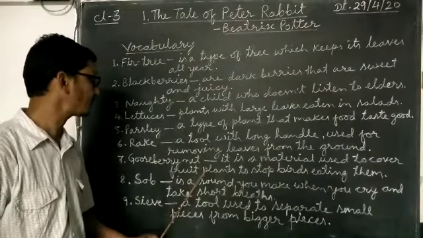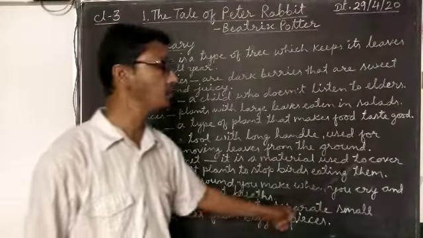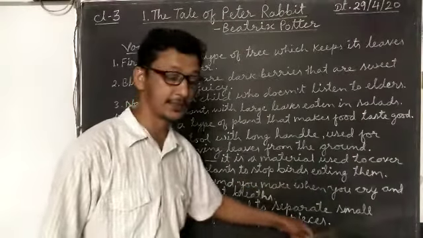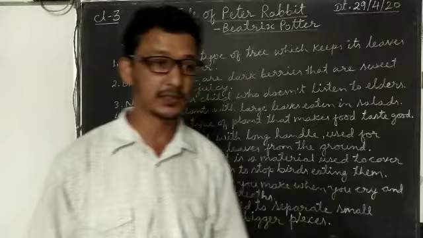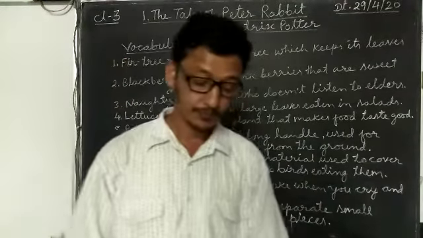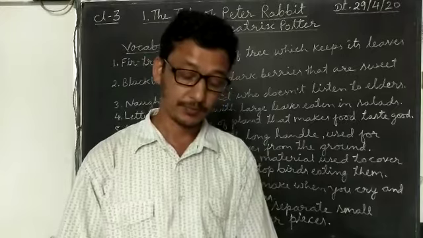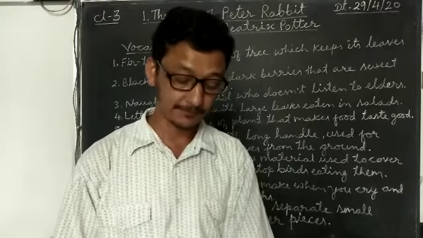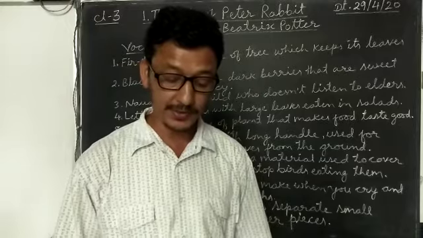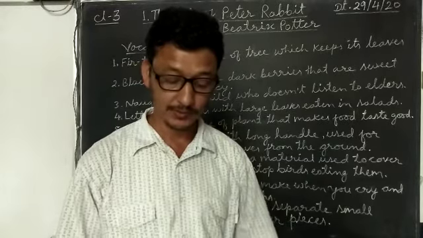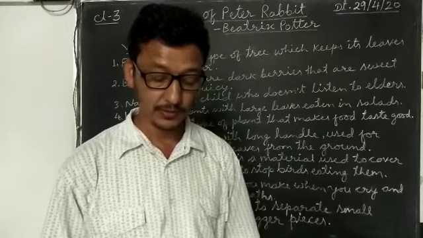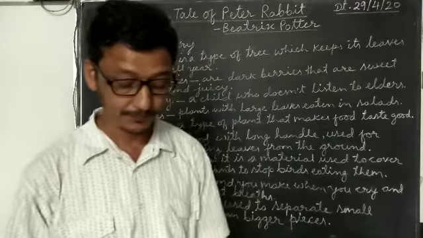Now, gooseberry net, it is a material used to cover fruit plants to stop birds eating them. This gooseberry net is used to protect the fruits from birds. Here, now, Peter got caught in this net. By the large buttons of his jacket, he was trapped. It was a blue jacket with brass buttons, quite new.